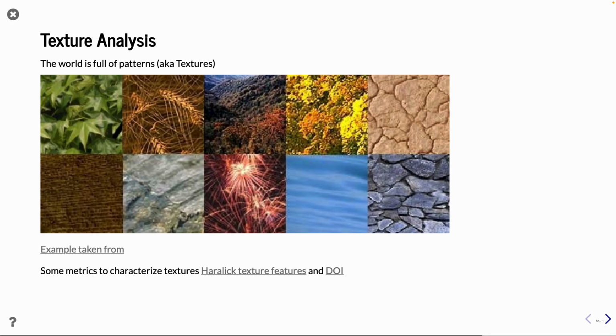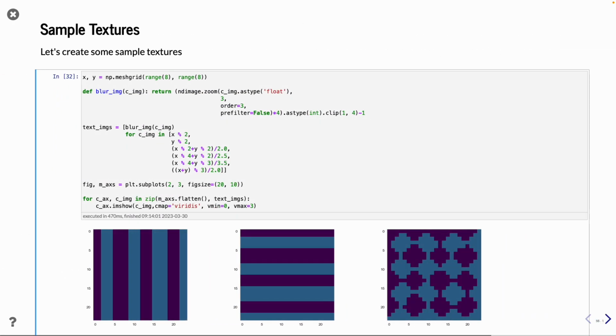And to analyze this, we can use so-called texture features that analyze local frequencies within the images. Here we have some basic textures. One is lined up in the vertical direction, one with horizontal lines, and here we have some blobs.